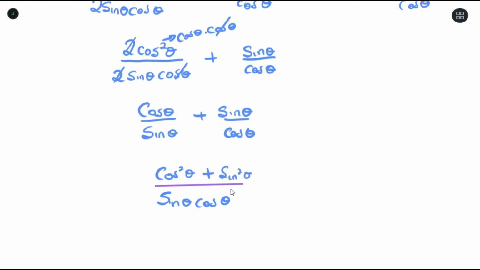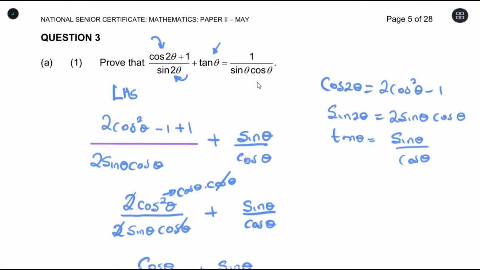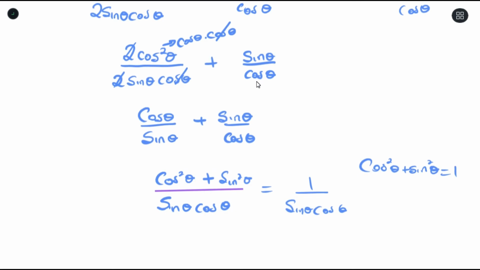Now, cos square theta plus sine square theta is another identity, and that actually gives you 1. So this here would be 1 over sine theta cos theta, okay? Which is exactly what this question wanted. So we proved it. That's it.